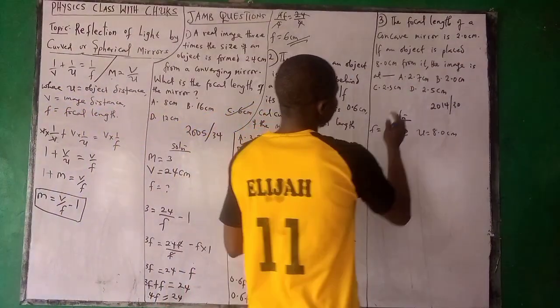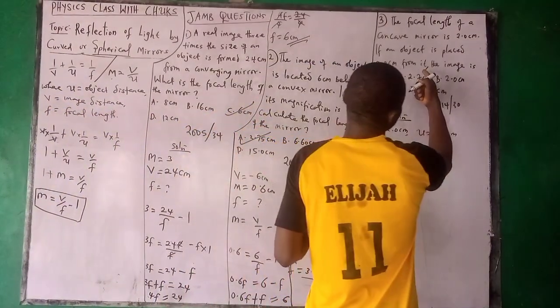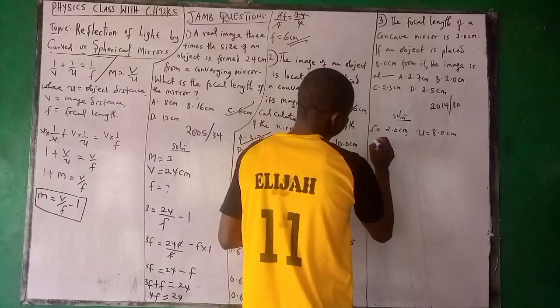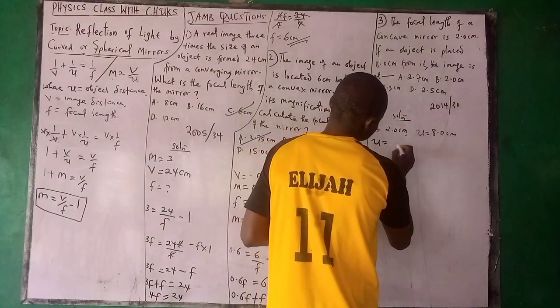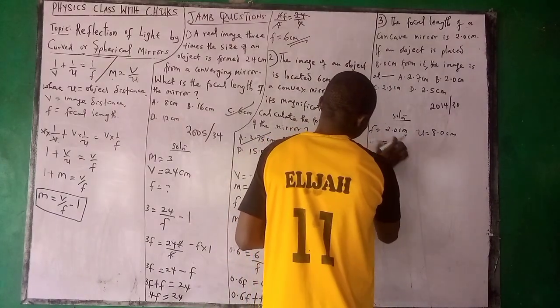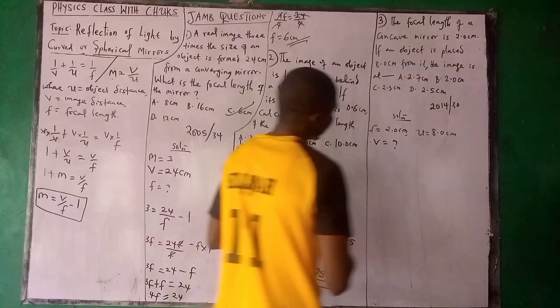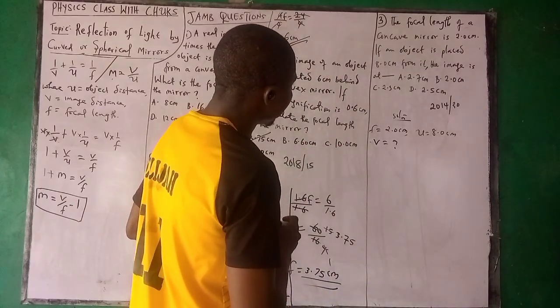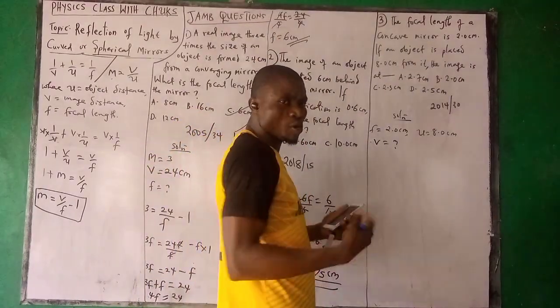They ask you to find the distance of the image, which is v. V is what I'm looking for. Now the formula, just use the mirror formula.